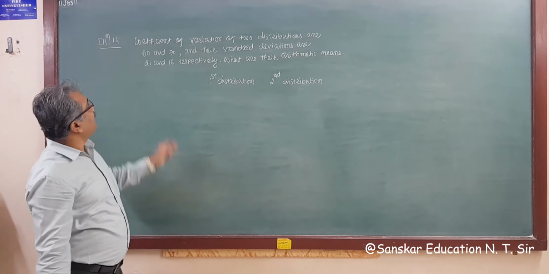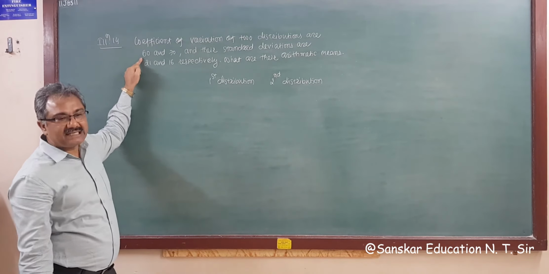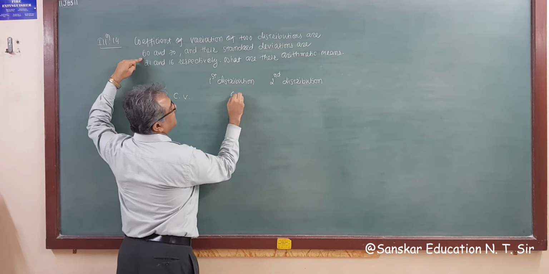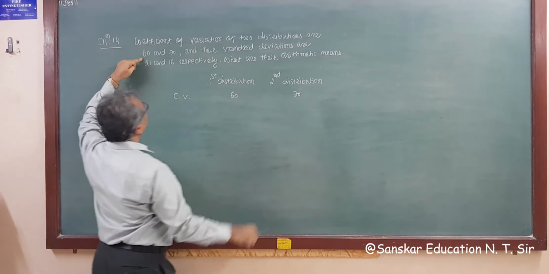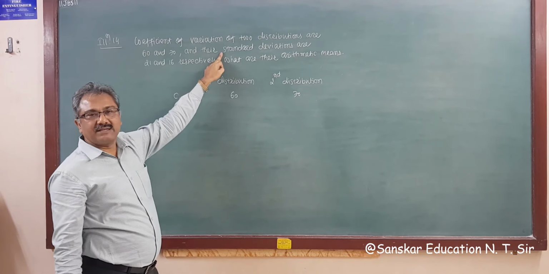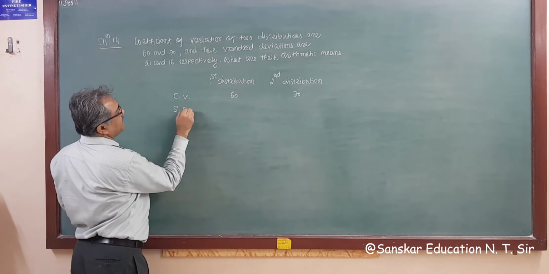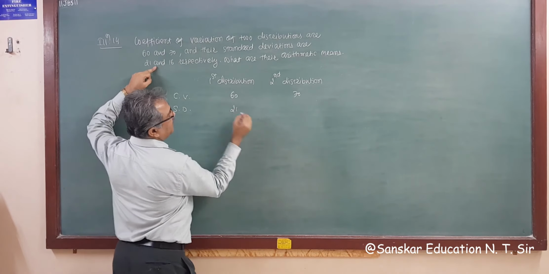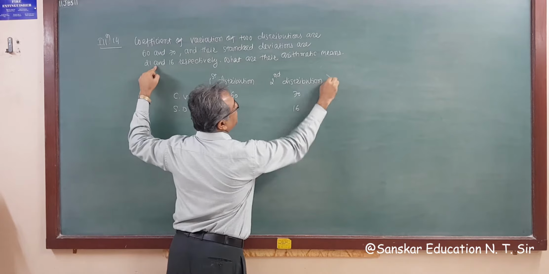For the first distribution CV is 60 and for the second, 70. And the standard deviations, SD, are 21 and 16 respectively. So this is given.